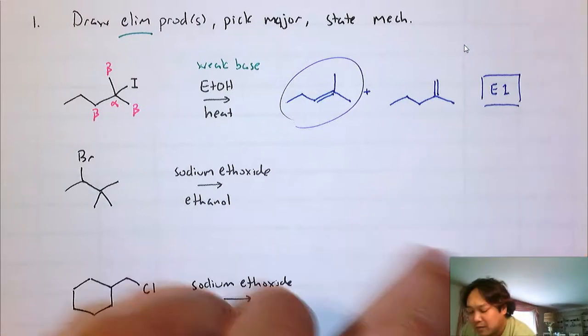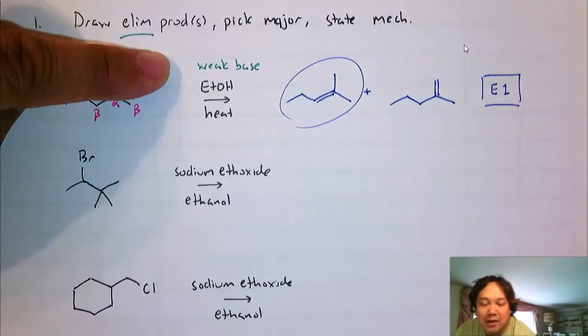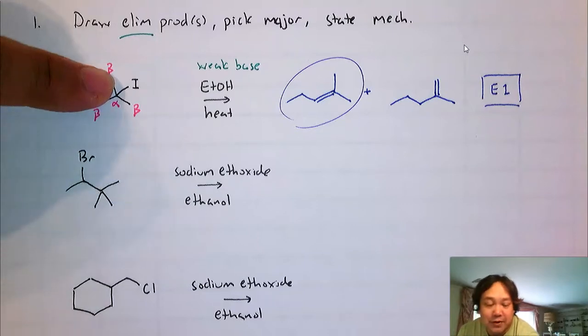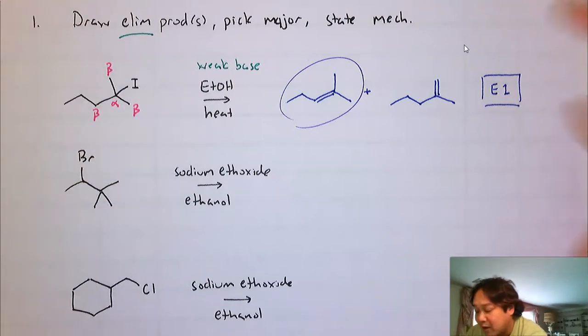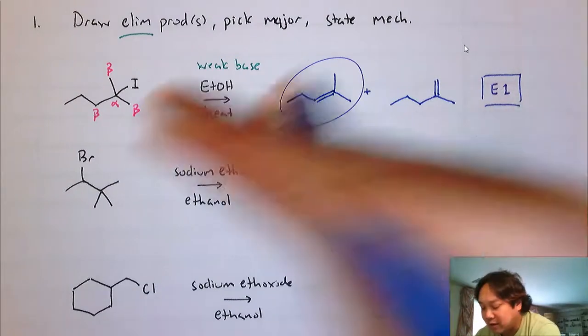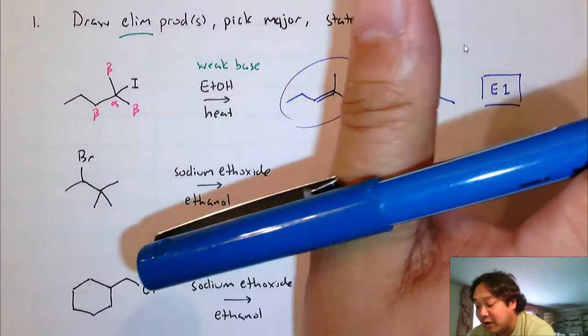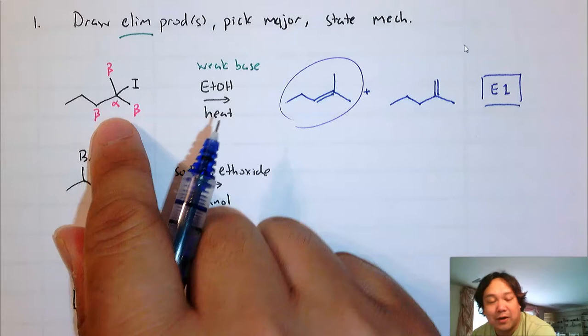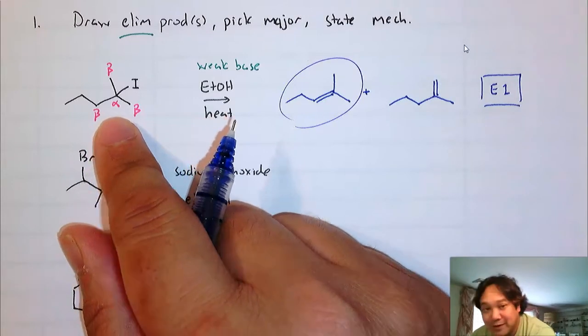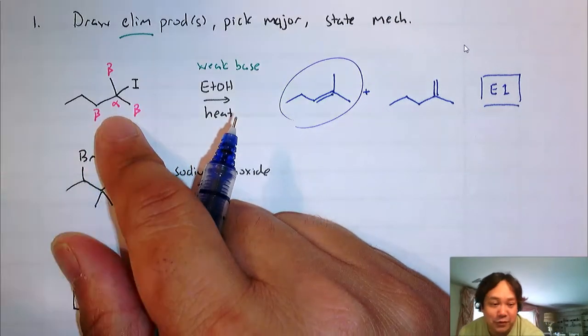Why E1? Because we have a weak base, and the base is going to wait until the leaving group pops off on its own. You know that unimolecular goes to carbocation, and oh no, we should not even talk about that. We're not concerned about whether this is primary, secondary, or tertiary. That's a big concern for substitution reactions.